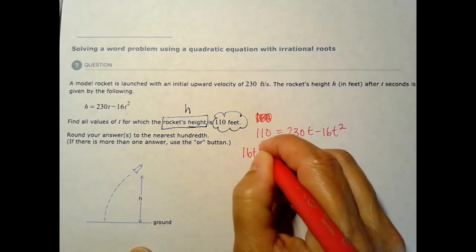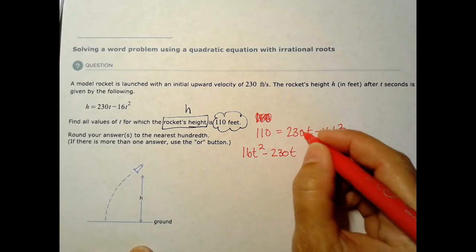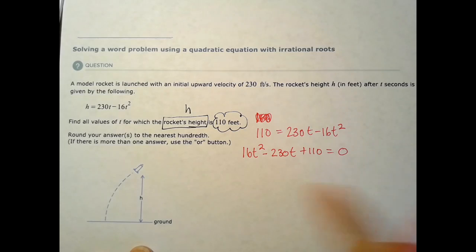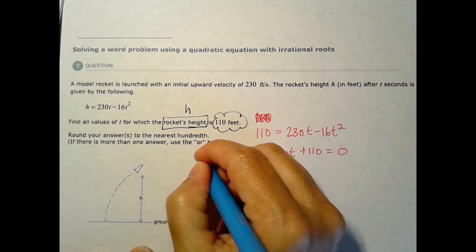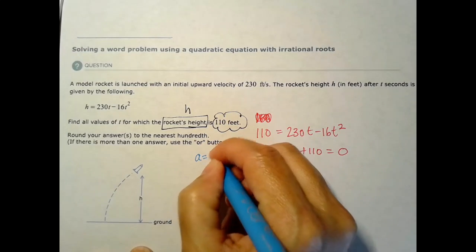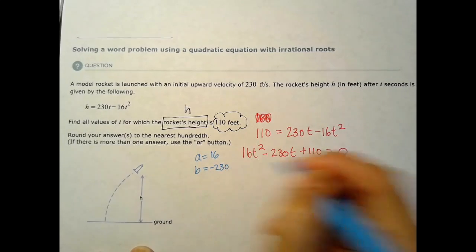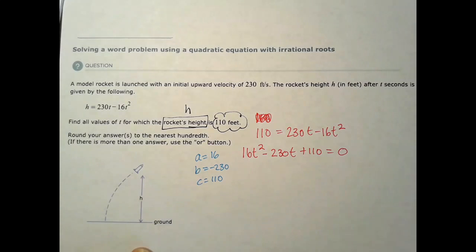So I have 16t squared minus 230t, because I had to subtract it to get it over there, plus 110 is equal to 0. So now we're in standard form, and I can identify my a. My a is 16, my b is negative 230, and my c is 110.